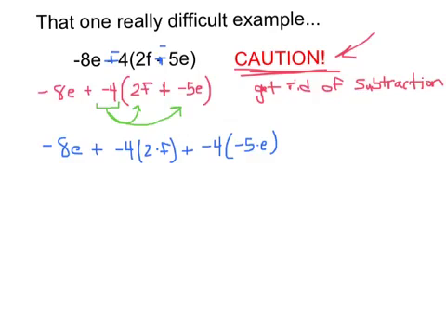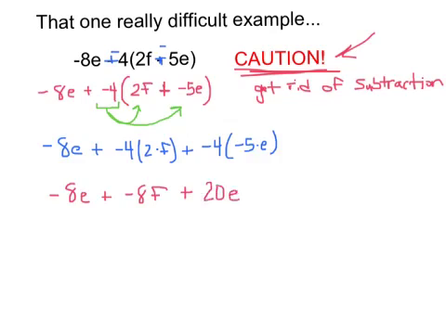Okay, so I can go ahead and multiply where I can. So I get negative 8e plus negative 8 times f, because negative 4 times 2 is negative 8, and then we keep this variable here, plus negative 4 times negative 5 is a positive 20, and then times e.